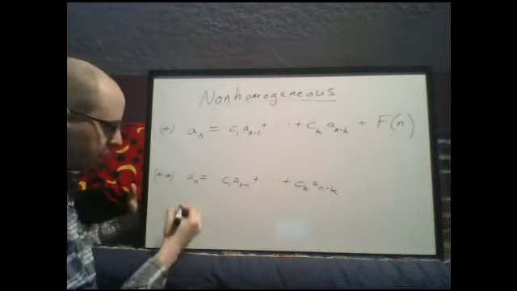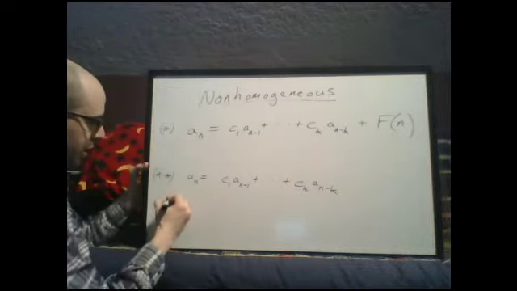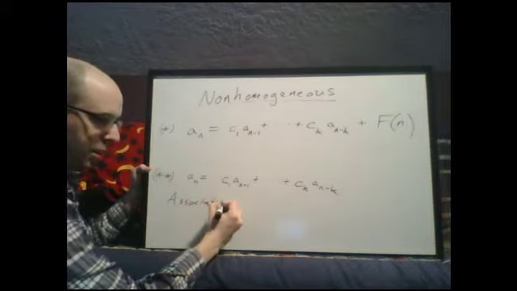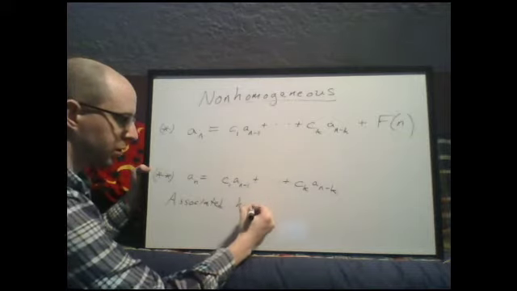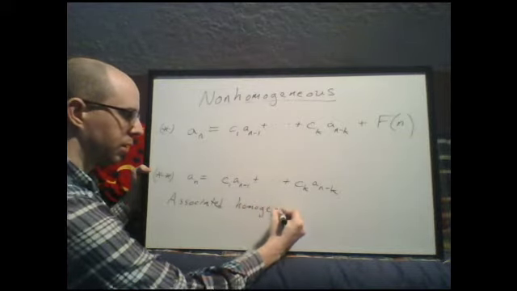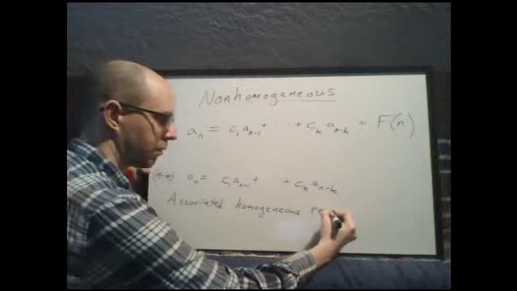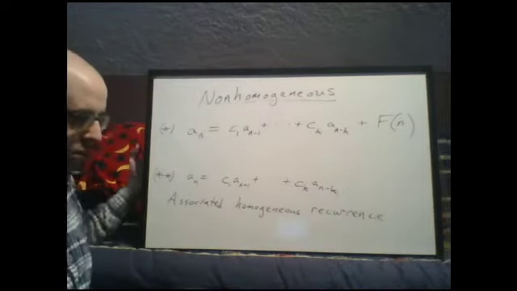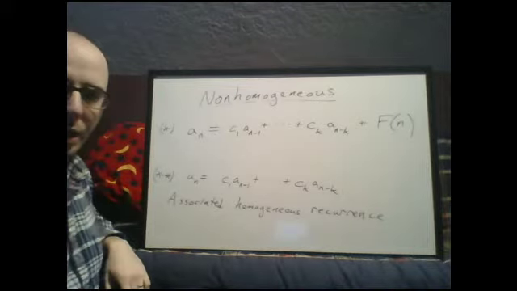Double star here is called the associated homogeneous recurrence. Okay, so it's the same recurrence except we just ignore the extra function.